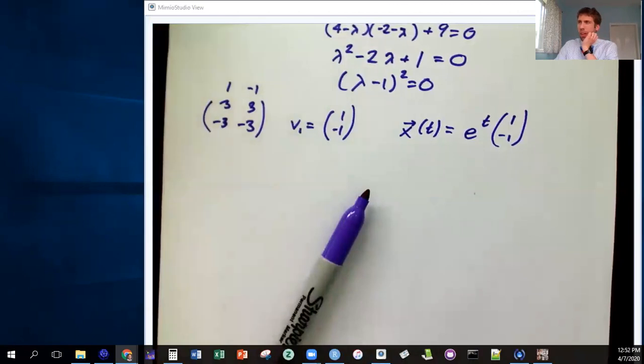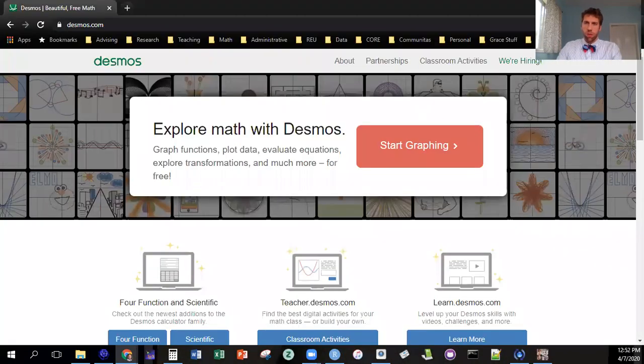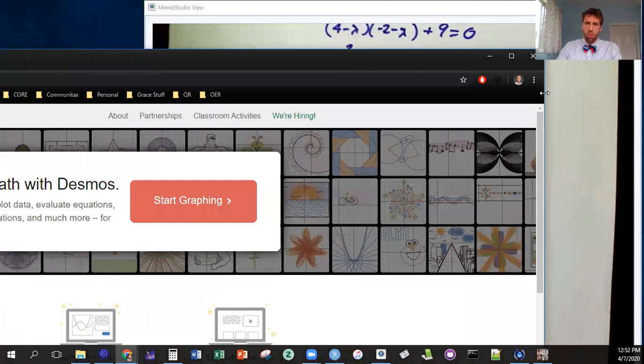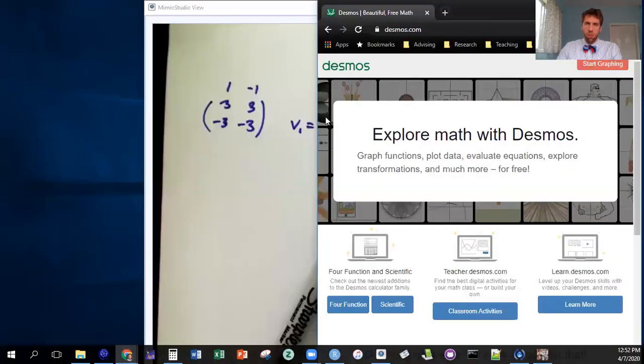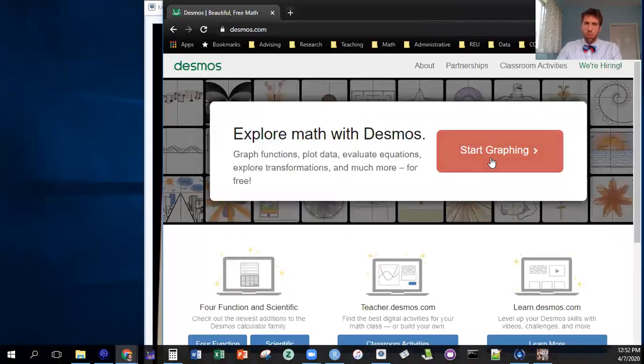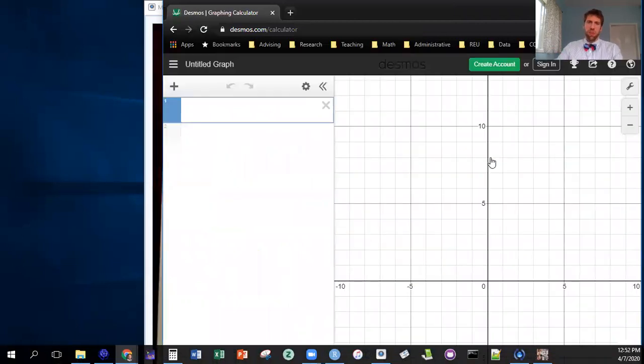You guys don't need to see my bad handwriting. So the x part was e to the t, and the y part was -1 times e to the t.